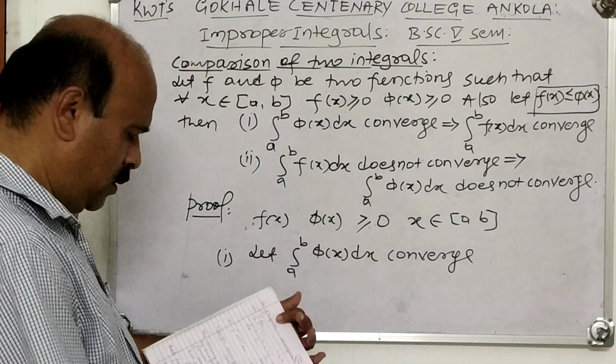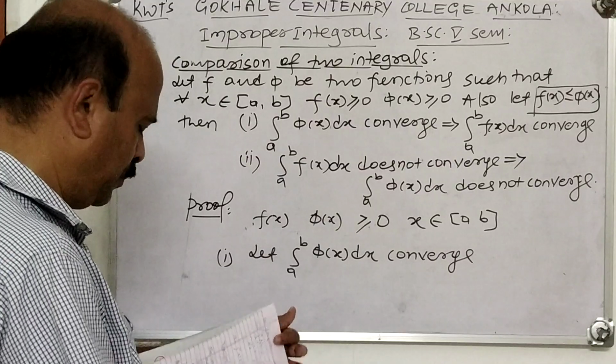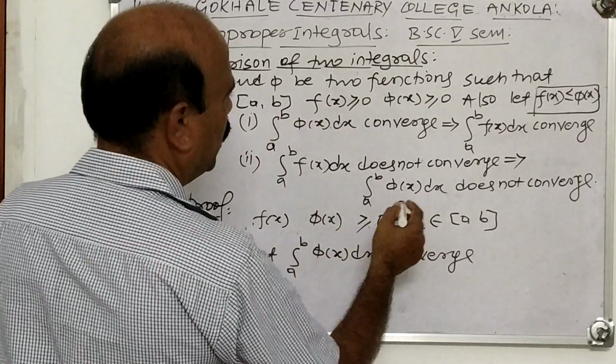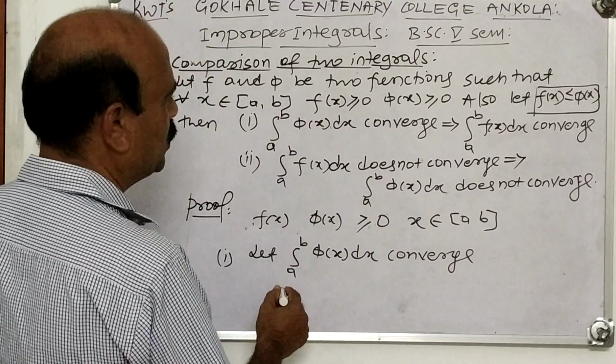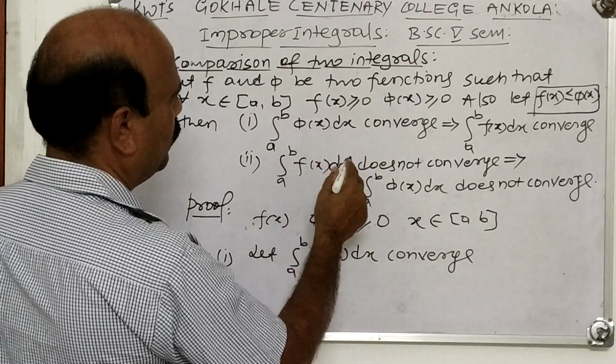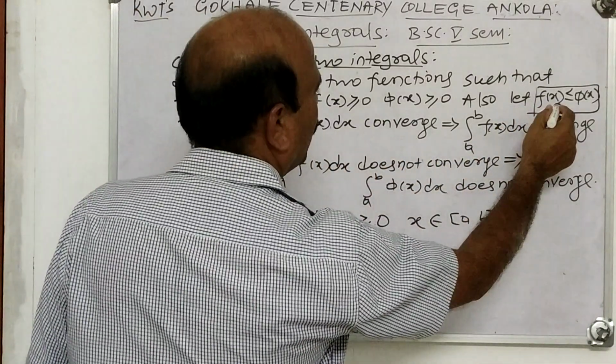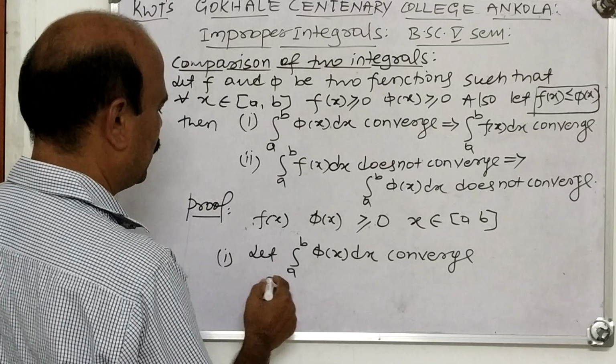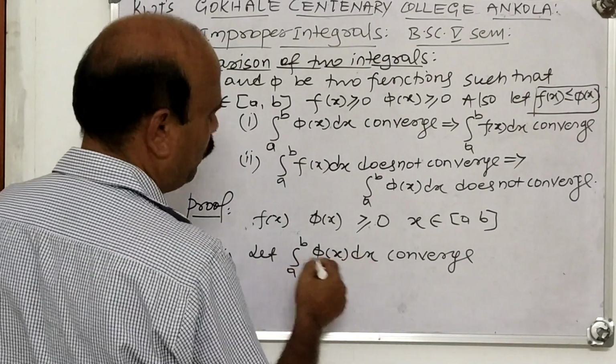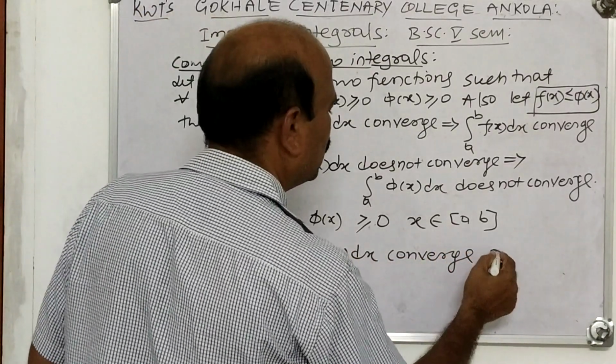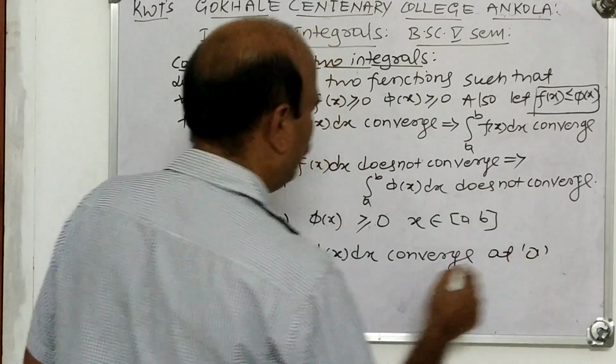What is given? f(x) is less than or equal to phi(x). The integral from a to b of phi(x) dx converges at a.